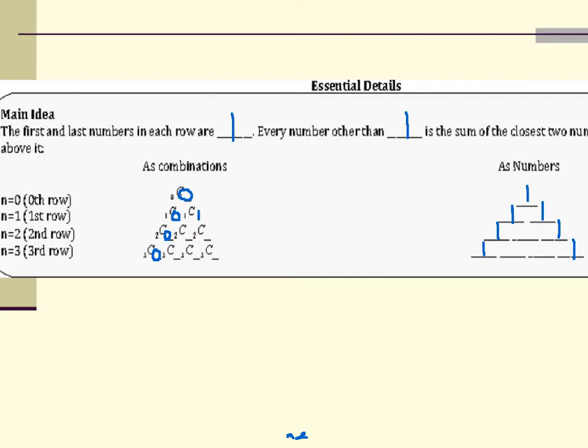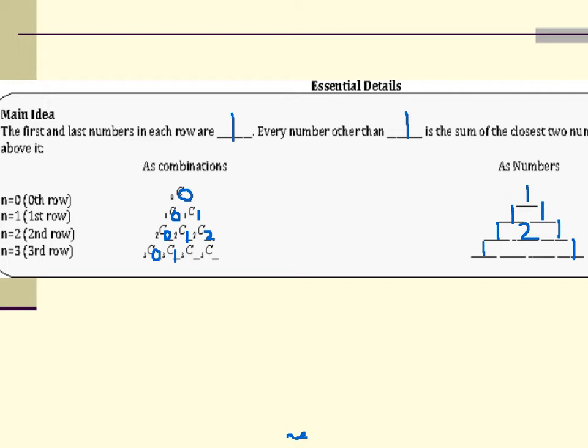So the next row is always going to be 1. So I have 2C1, 3C1. And if you put 2C1 into your calculator, that'll give you this value. But 2C1 is 1 plus 1, which is 2. The next one, we have 2C0, 2C1, and then the next number would be 2C2.